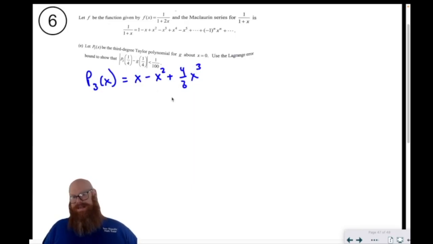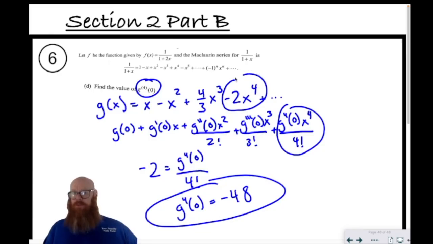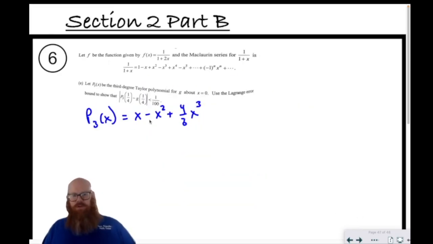And then what we did in another problem, in the problem before, we found what the next term would be. So I can just jump back here. We found that that would be -2x to the fourth. So one thing to notice, if we want the error bound, since it is alternating, I know it says use Lagrange, but honestly, if it's alternating like this, then we can just use the alternating series error bound, which is easier than the Lagrange error bound.